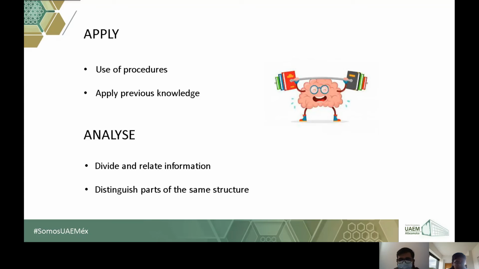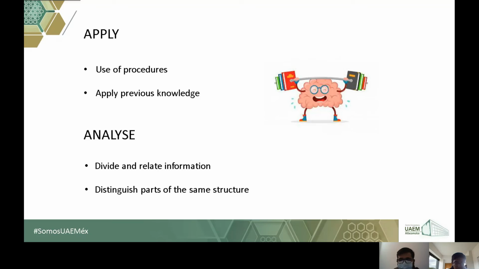It implies determining the important parts of information, the ways in which the parts are organized, and the internal purpose of the information.